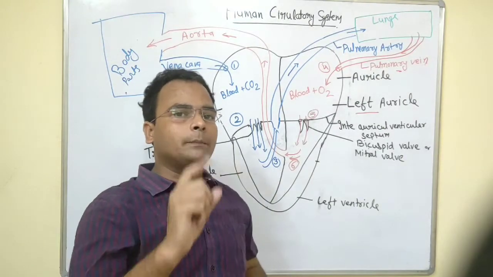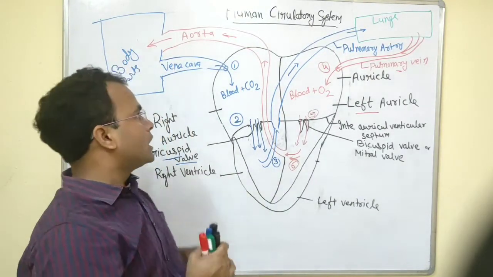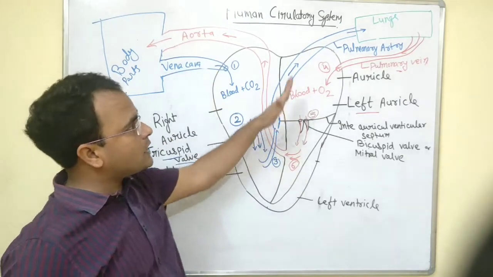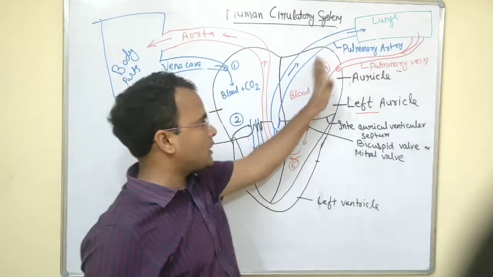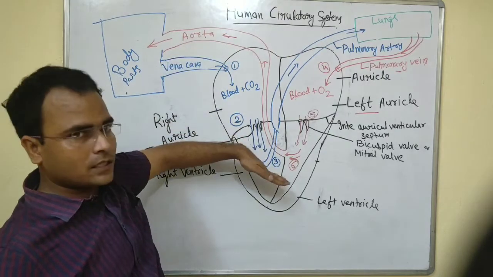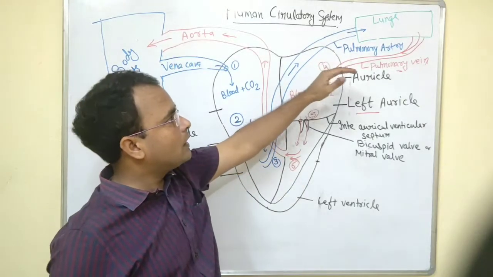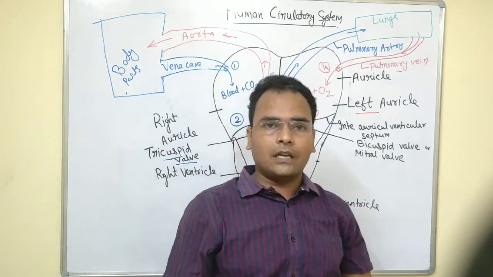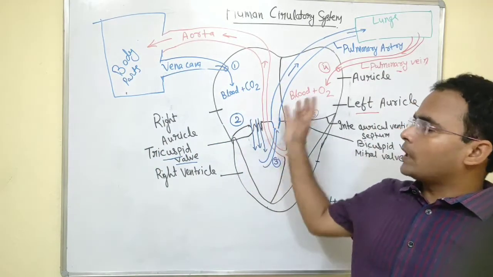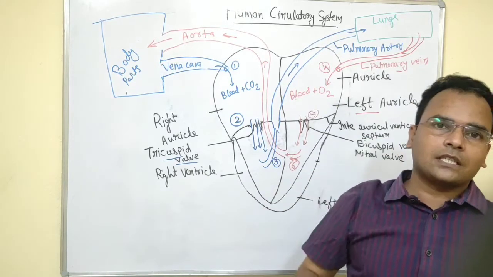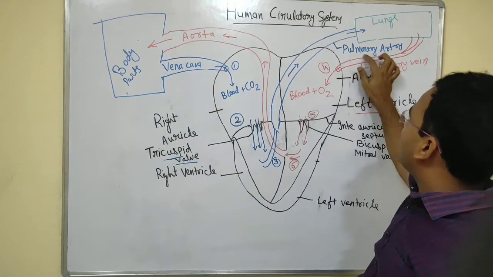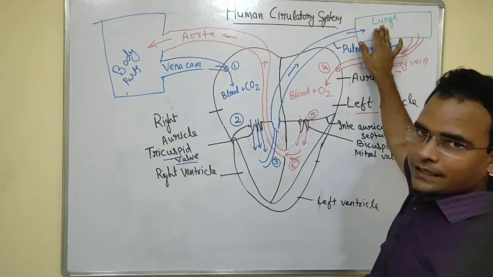So in one complete circulation, the same amount of blood passes twice through the heart, one during the systemic cycle and one during the pulmonary cycle. Pulmonary word is associated with the lungs, right?